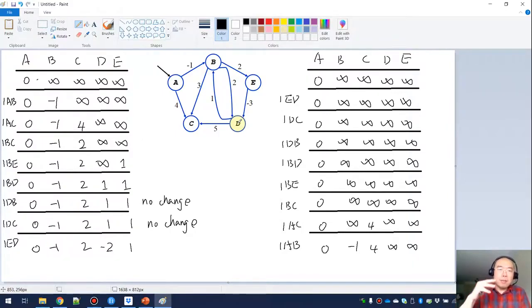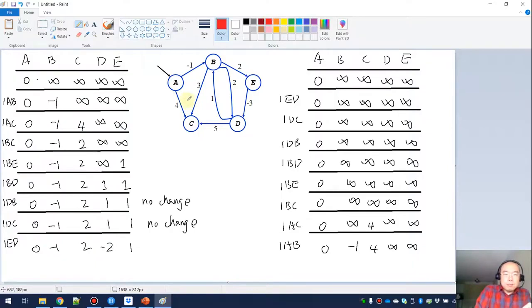If we are talking about the number of hops, what is the maximum number of hops from A to another node? So that should be 4. Why? Because we have a total of 5 nodes, right? So this means with 4 hops, there should be a way that we can go from A to all the other nodes if there is a path.